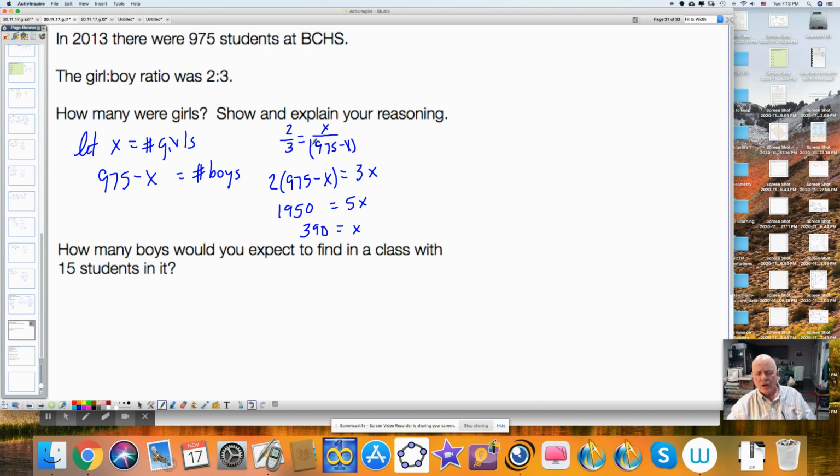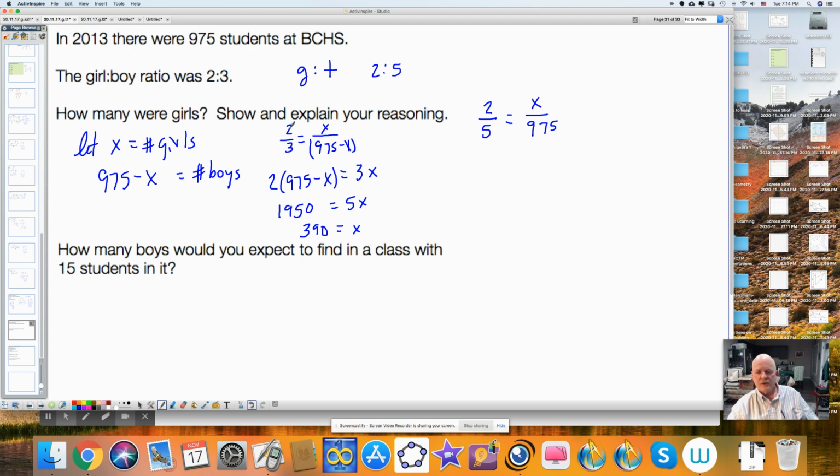Now, another way of setting this up would be to change this to say the girls to total is 2 to 5. So 2 is to 5 as x, my number of girls, is to 975. Well, look at this.